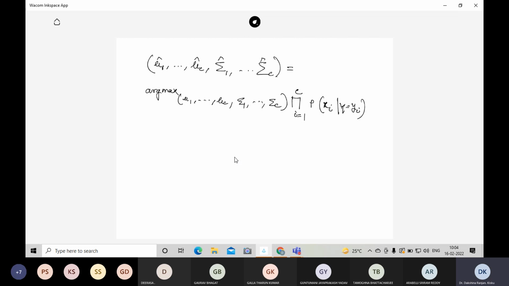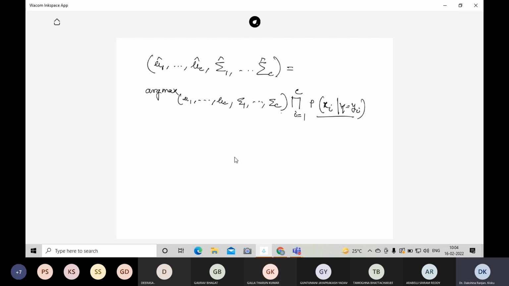So you get the familiar form from when we estimated the posterior probability in case of Bayes classifier and Naïve Bayes classifier. The similar form we will use in this case also, when we maximize the likelihood function in terms of mean and covariance.